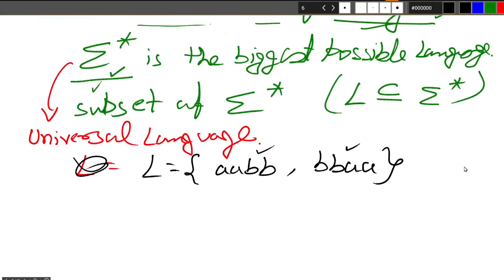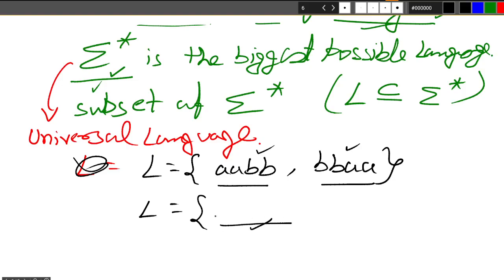Sometimes a language may have several strings. So in that case, rather than writing all the strings, you can specify some pattern.